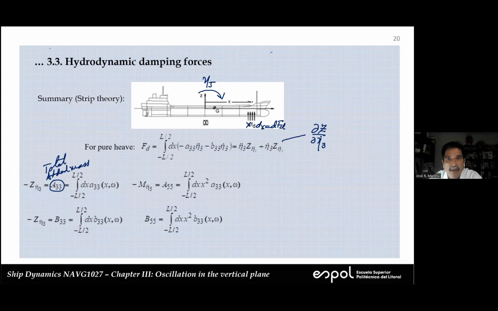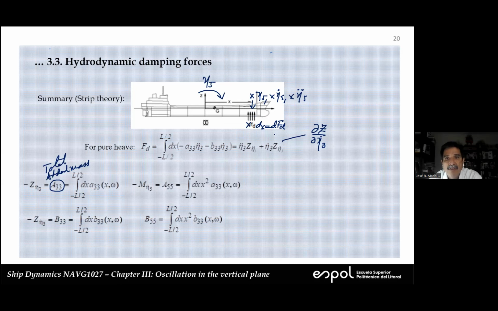That means that this point moves downward a distance equal to x times eta 5. Remember, eta 5 is in radians. So if this is the vertical displacement, you could differentiate that with respect to time, and that's the velocity, and that's the acceleration. So if this moves vertically, that's similar.